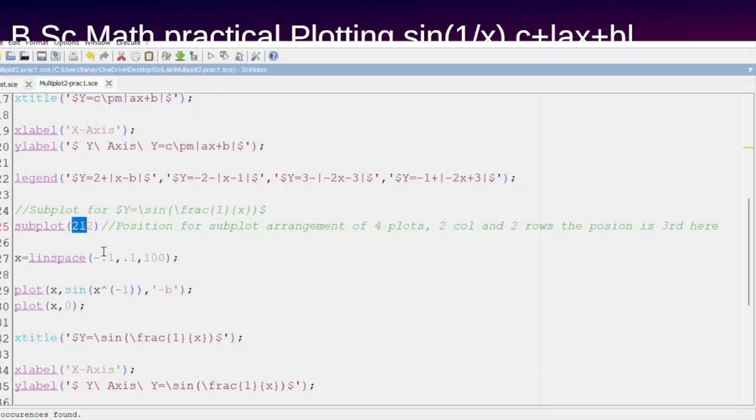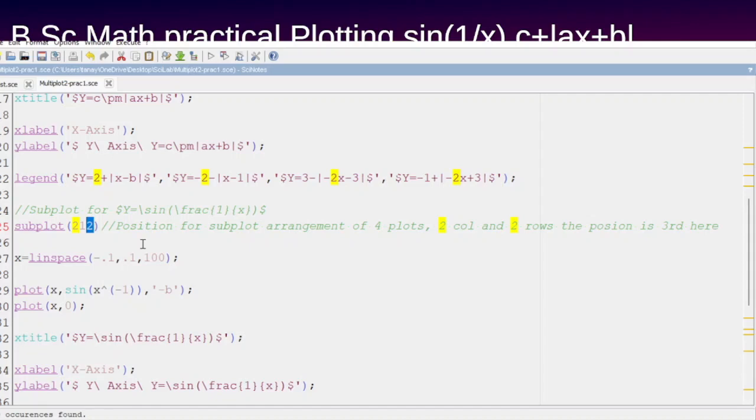I divide the whole page in 2 rows, 1 column. Now I put that particular subplot in the second position. That means your bottom position. So when we run this script and show the graph, I will show you what happens here actually.